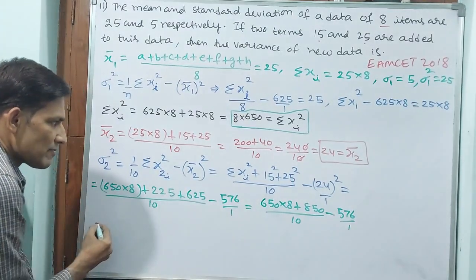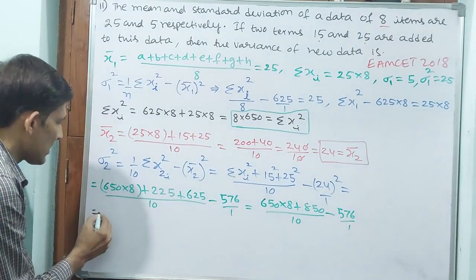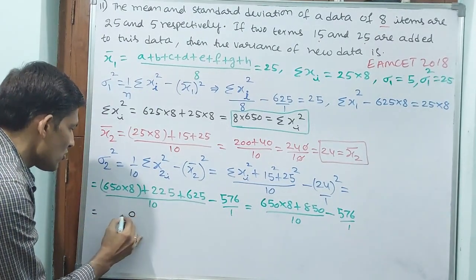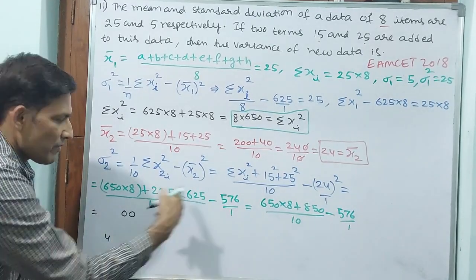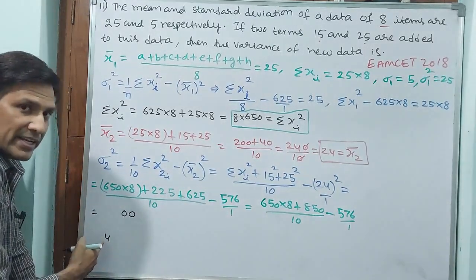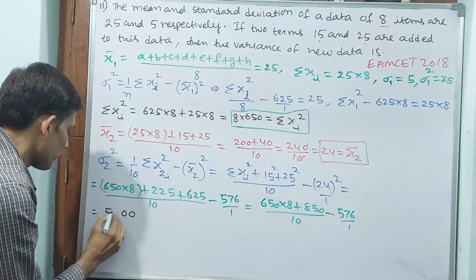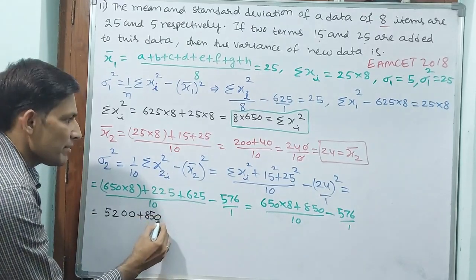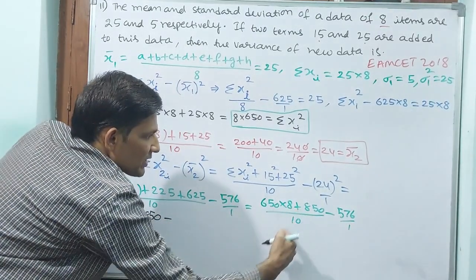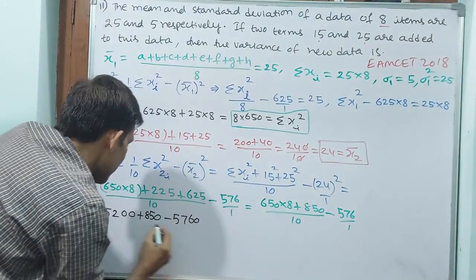Cross multiply. 650 into 8. Now I am adding. Okay, you see 800, 8 5s are 40, 8 6s are 48, 48 plus 4, 52. 5200 plus 850 minus, cross multiplication I have made, 5760 divided by 10.